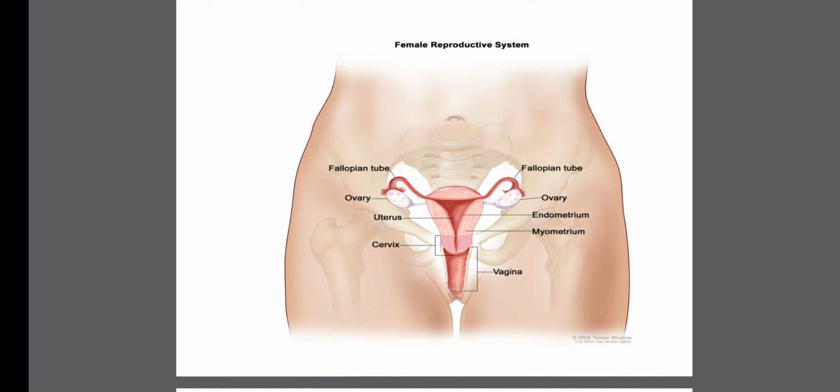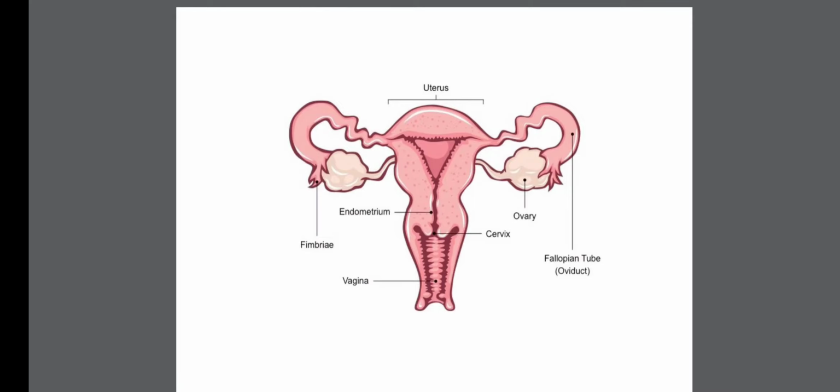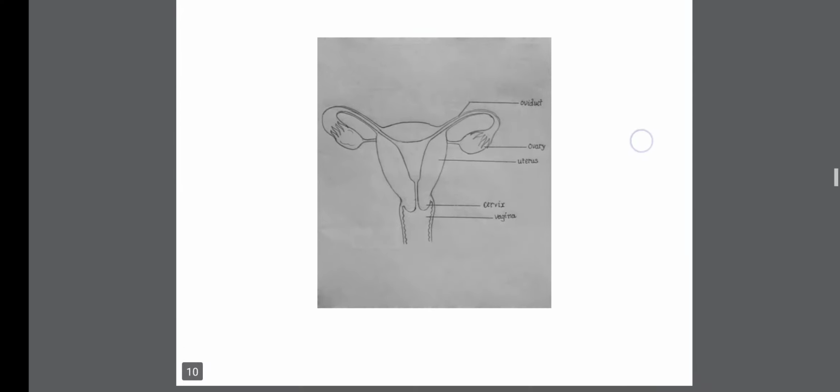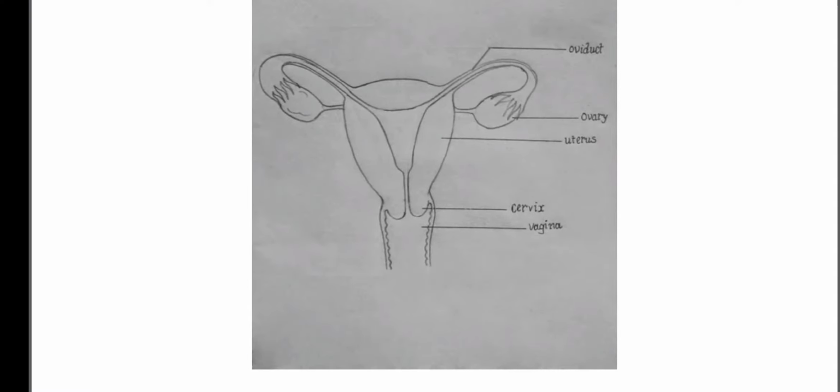We have the uterus, the vagina, the cervix, the ovary, and the fallopian tube or the oviducts. Now, if you're asked to draw and label, maybe in your external exams, internal exams, anywhere, this is what I expect you to do. You label carefully, neatly. There should be neatness in your labels.